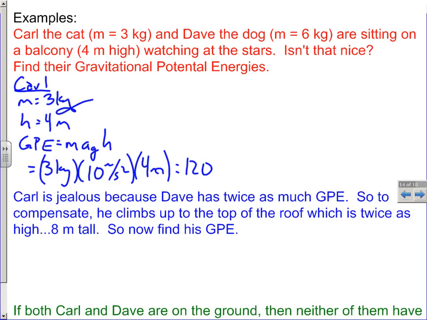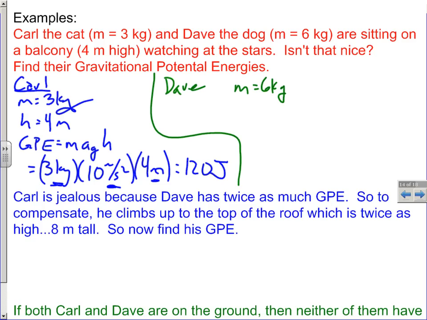The units we get are kilograms times meters per second squared times meters, so you get kilogram meters squared per second squared, or joules. Okay, so there's that. Do the same thing now for Dave, the dog. He has twice as much mass, same height. So let's find his GPE.